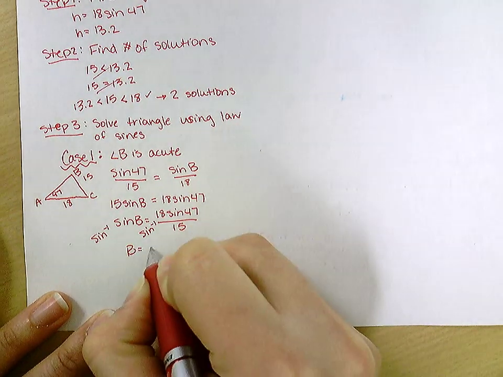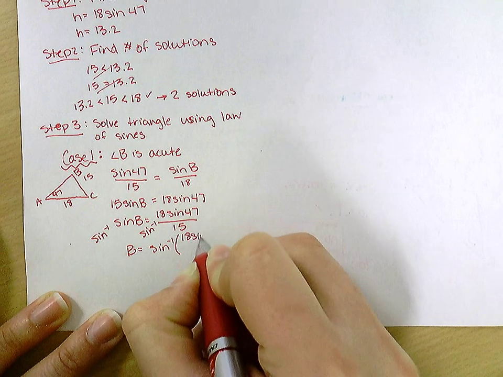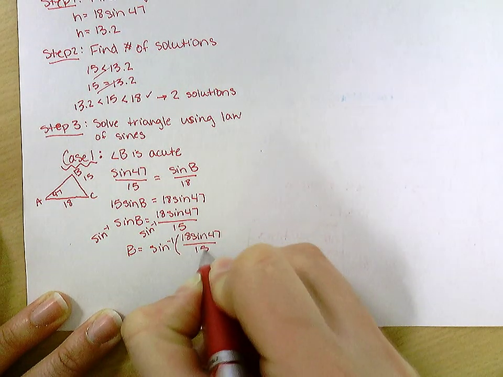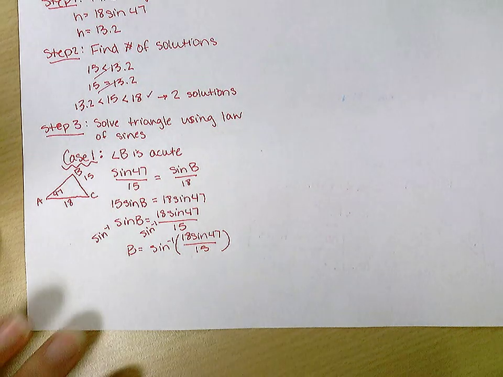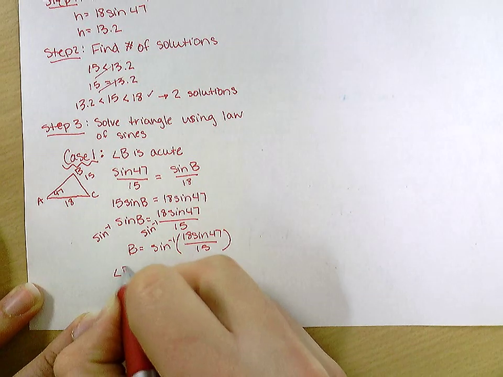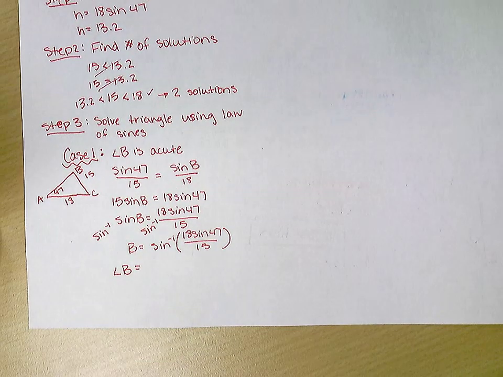Then I can plug in sine inverse of that entire quantity to get that angle measure for B, and round to the nearest degree. Okay, so no decimals. What would be the nearest degree for that one?